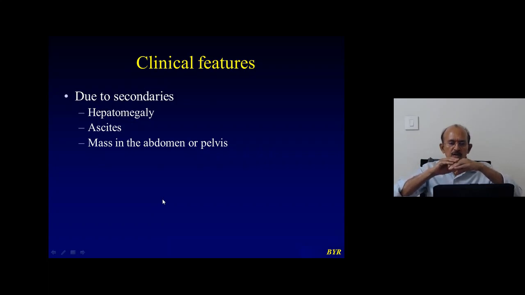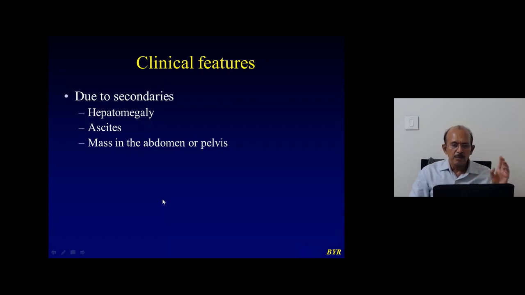Once they come to the serosa, their tumor cells will exfoliate into the peritoneal cavity. These exfoliated tumor cells cause implantation over the peritoneum and cause ascites. And also, by gravity, they go downwards. All the tumor cells collect in the pouch of Douglas or rectovesical pouch. And there they form a mass.